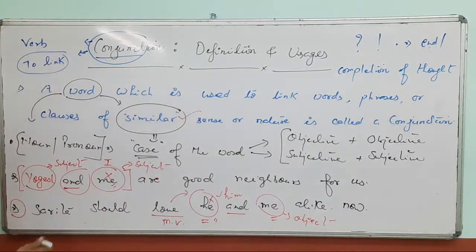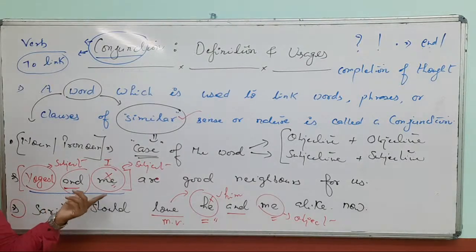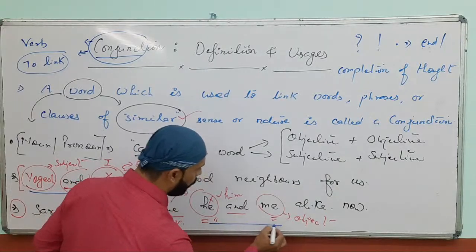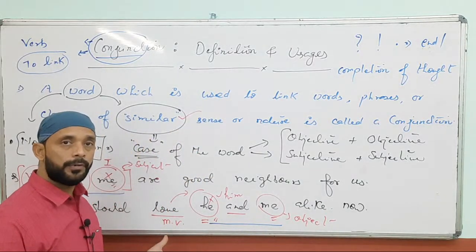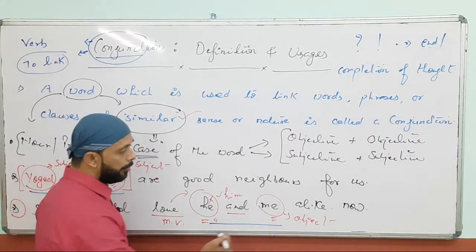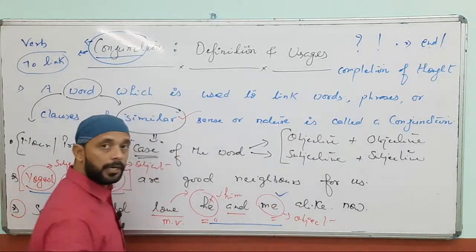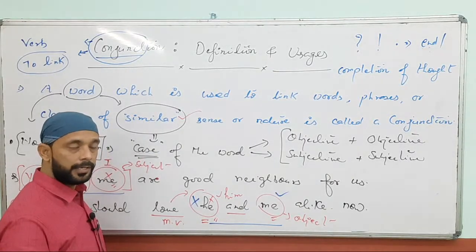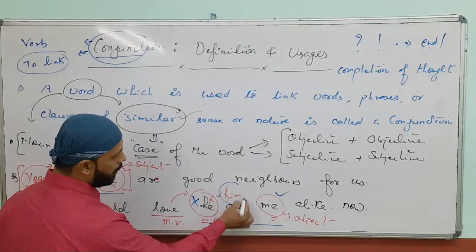Here, this group was functioning like a subject, so the one that was not functioning like a subject was wrong. And here, they are functioning like an object, so the one that was not functioning like an object was wrong. So me was an object, so it was correct. He was a subject, so it was not correct. So the correct one is him.